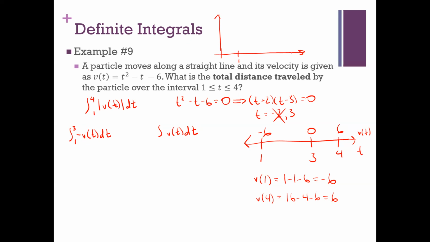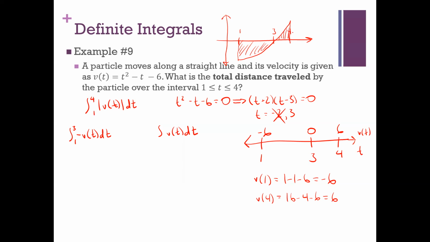We're looking at time from 1 to 4. This is a bad way to draw this graph. It has negative values. From time 1 to time 4, basically what we know is this: our velocity is going to act like this somewhat. So we're going to get an area below the x-axis and an area above.